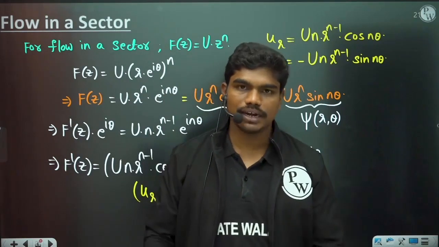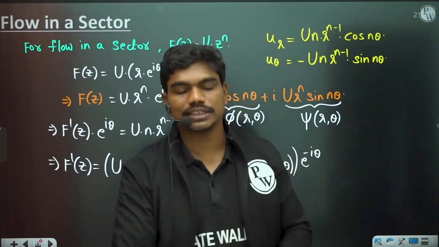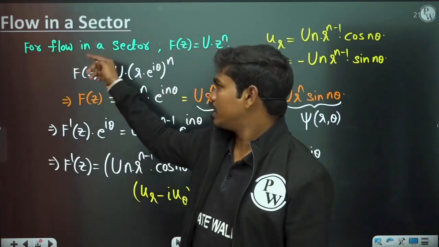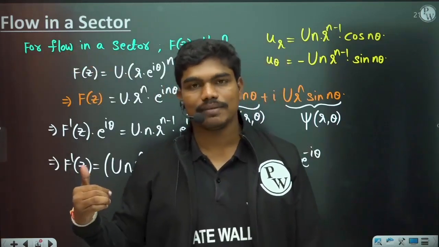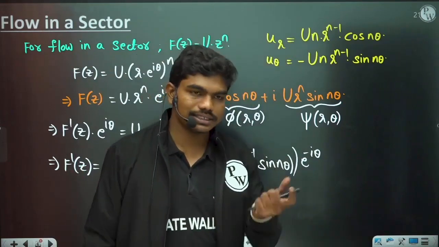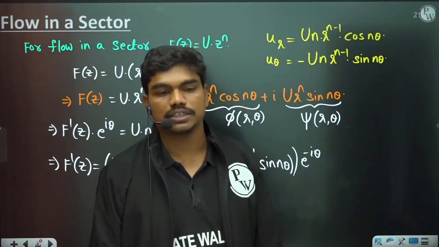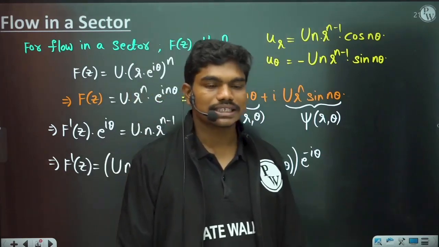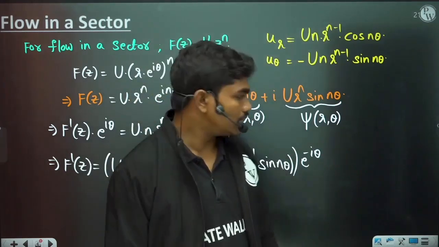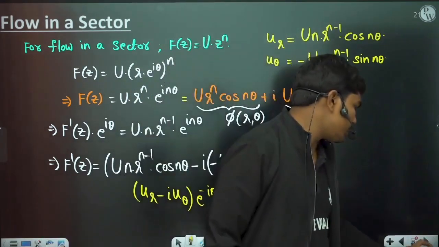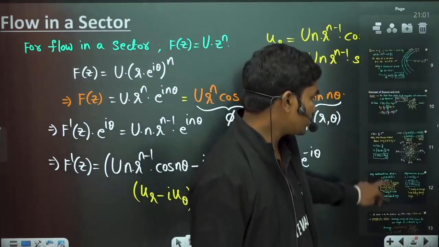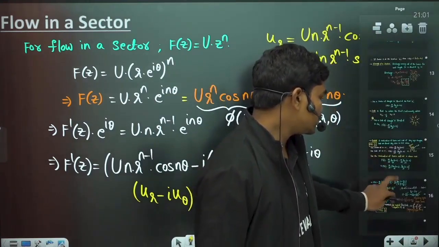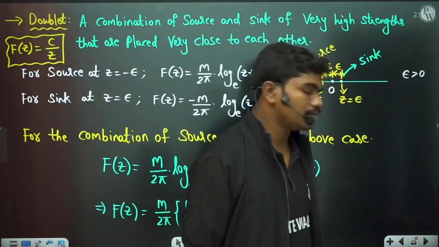If I say doublet, you know what a doublet is and how the complex function came. So when you put n equal to -1, some constant divided by z is the complex potential function. Clear? Is this clear to all of you? Actually the logarithm, all those things will go and you will be left with a simple expression for the doublet, that it is c by z. That's it.